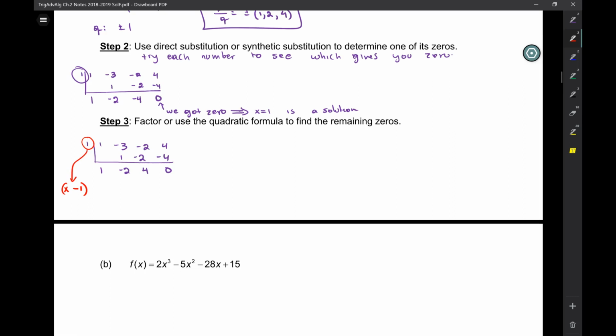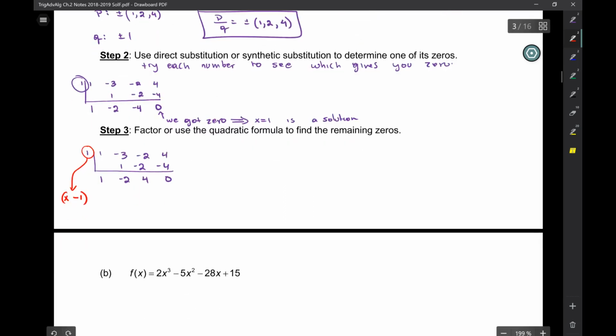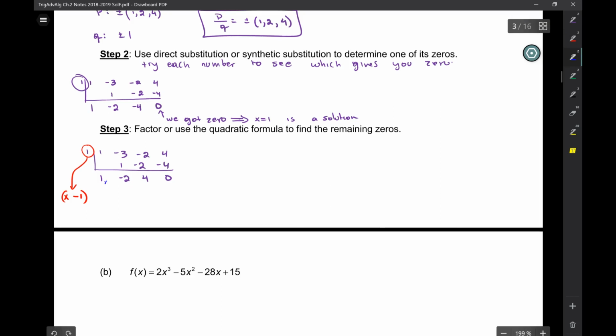Okay? Now, in the very, very beginning, what was the degree of the function? 3. When you do synthetic division, the degree goes down by 1. So from x cubed, we're going to go down to x squared. And these are going to be the coefficients of a new function. And here we're going to have x to the power of 2, x to the power of 1. And then what's x to the power of 0?